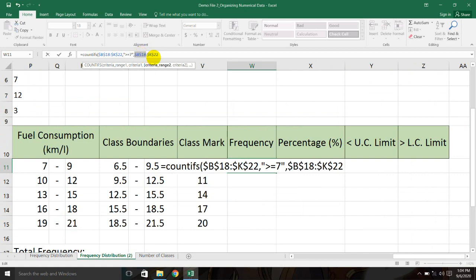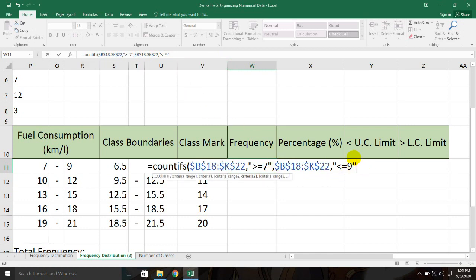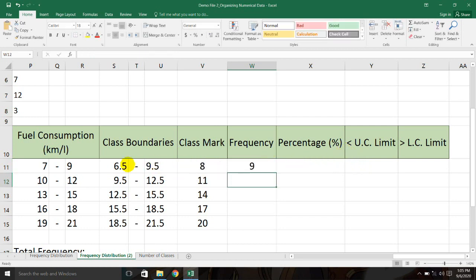I need to use the absolute reference, and this time I will add less than or equal to 9. So we need to set the boundaries. It should be 7 to 9. Okay, so here, going to close the formula, and the frequency for numbers having 7, 8, and 9 in the dataset is 9.